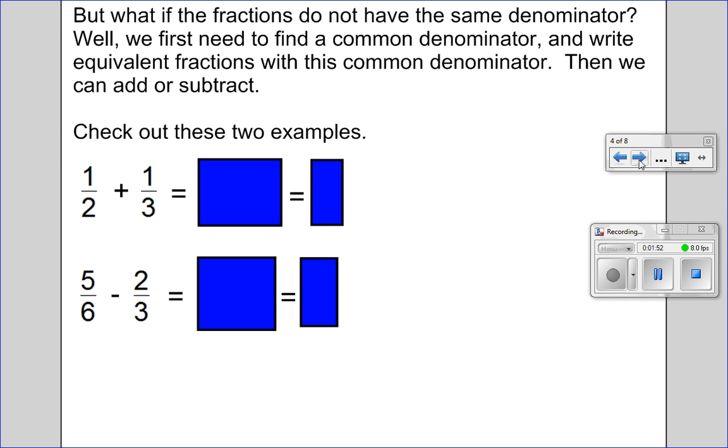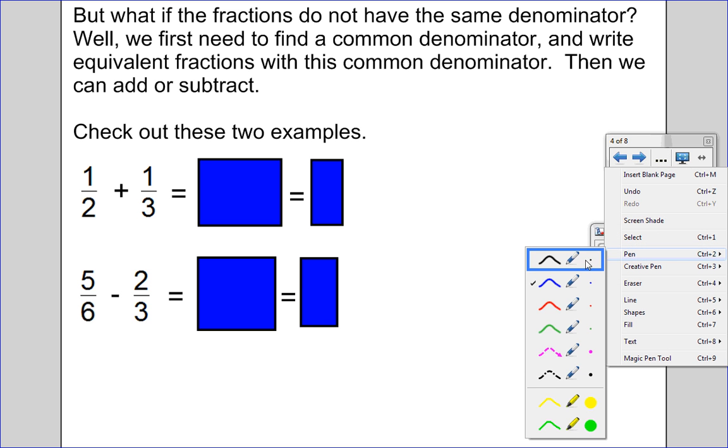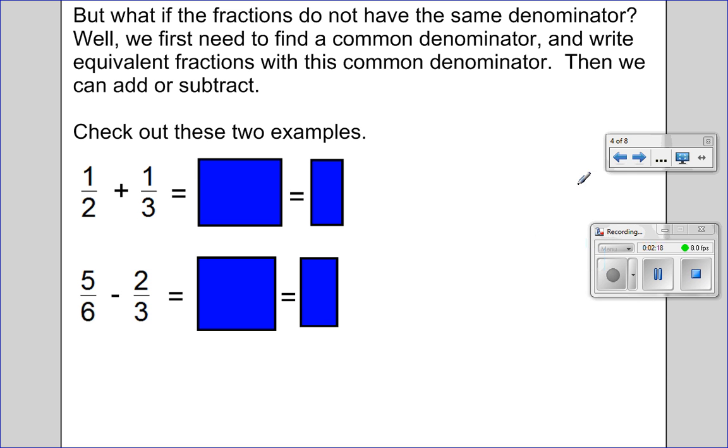But what if the fractions do not have the same denominator? Well, we first need to find a common denominator and write equivalent fractions with this common denominator. Then we can add or subtract. So looking at these two examples, we have 1/2 plus 1/3. And I'm thinking that the lowest common denominator for 2 and 3 is 6.